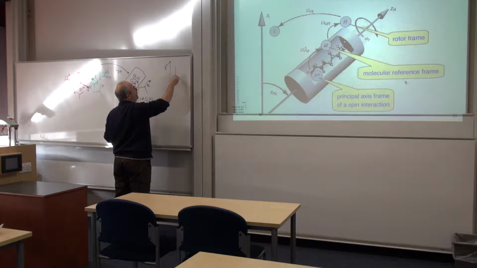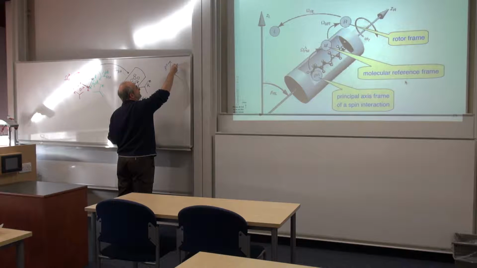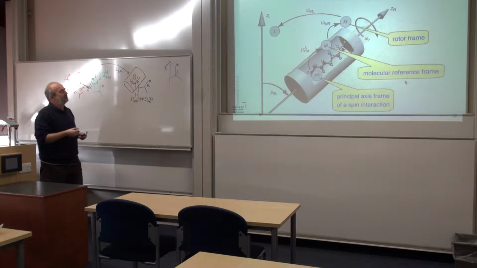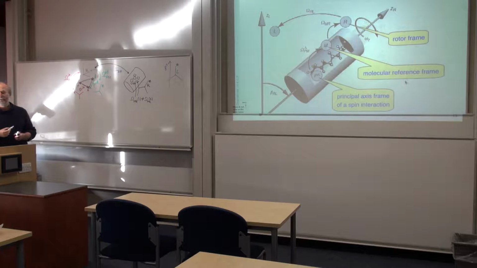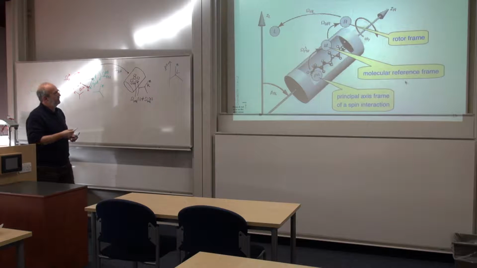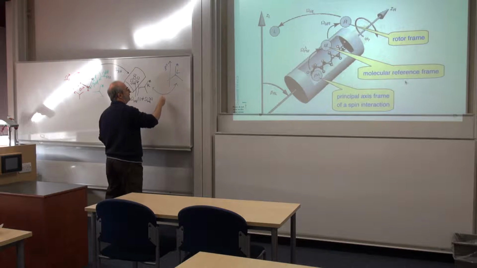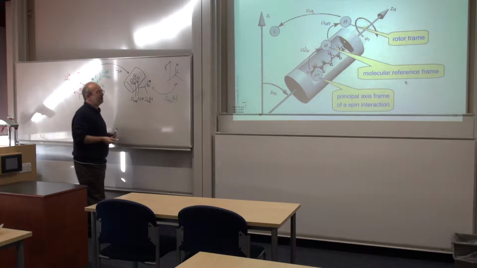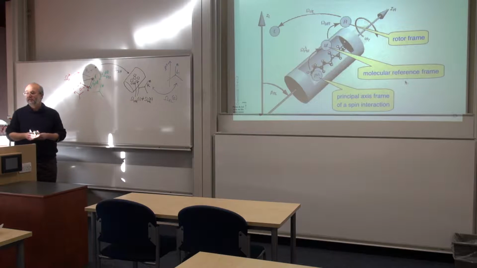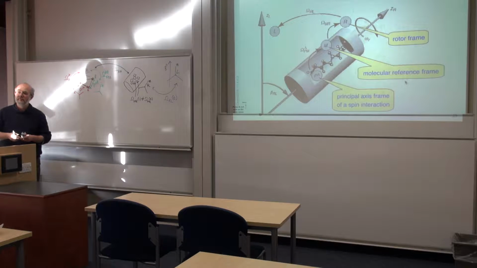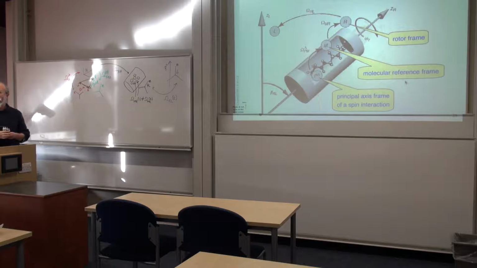Now we define a laboratory frame with its z-axis along the magnetic field. The rotor rotates with respect to the laboratory frame. So there's another transformation, and that one is time dependent because the sample is going around, or the rotor is going around.